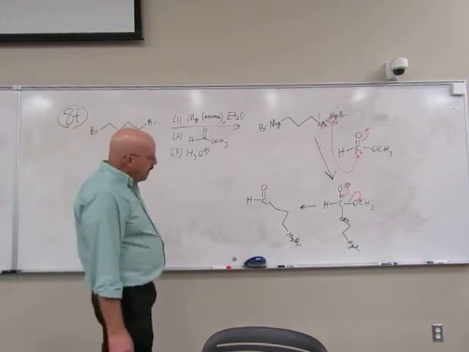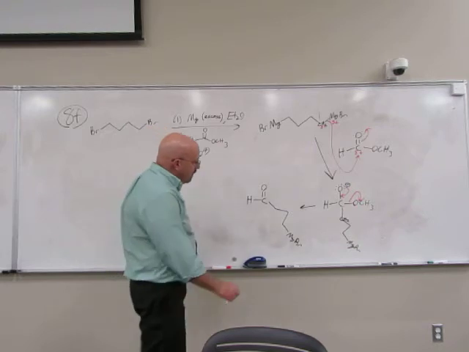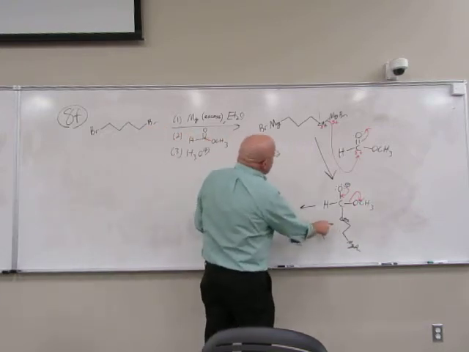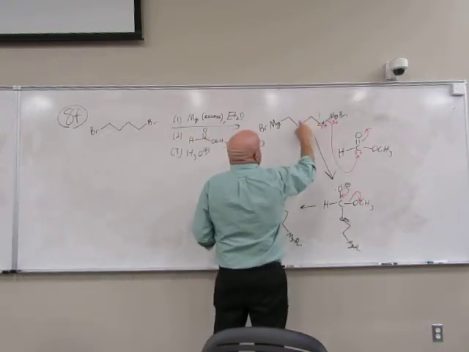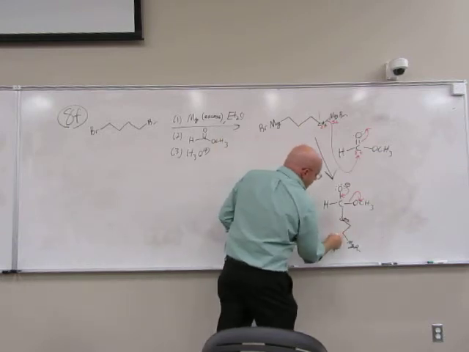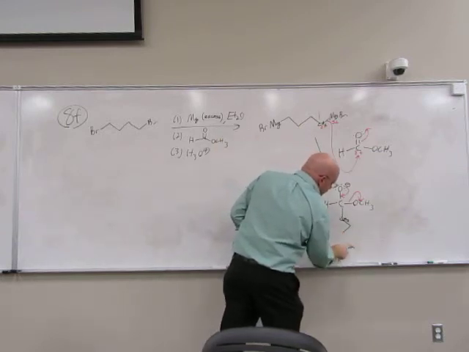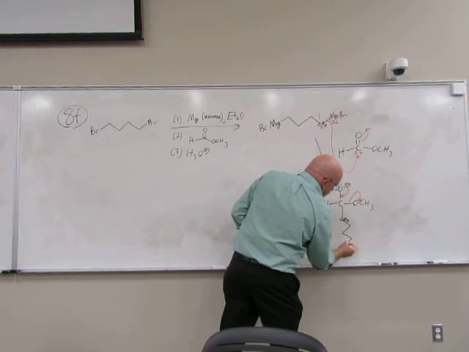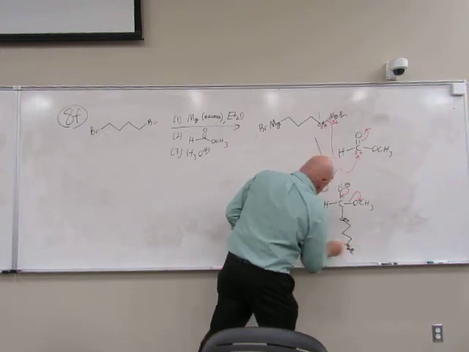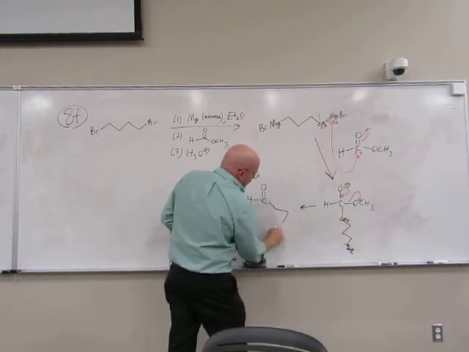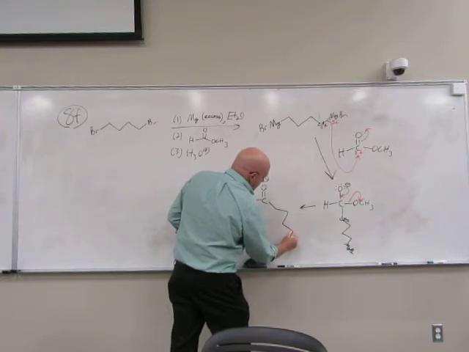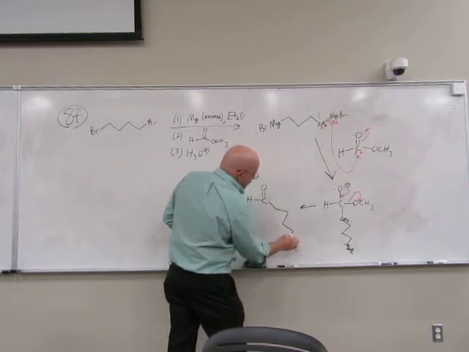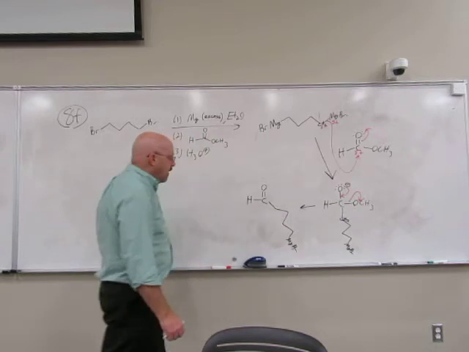But wait a minute, I'm missing a carbon. I misdrew. Oh, I missed it over here. 1, 2, 3, 4. 1, 2, 3. Yep, right there, I'm missing a carbon. Sorry. Can't count. 1, 2, 3, 4. Okay, that's right.